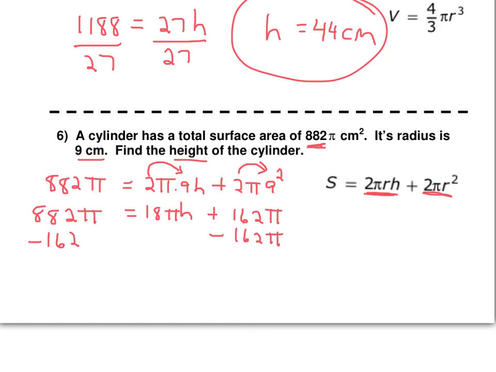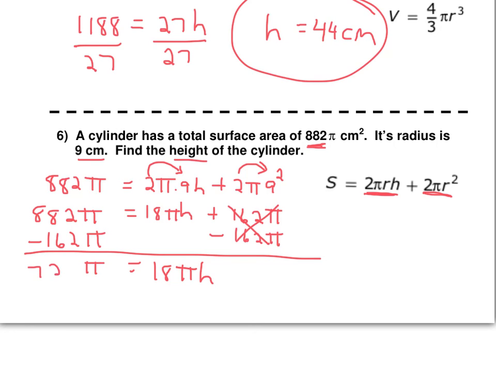Subtract 162 pi on the left. When I do that, this clears, and I'm left with 18 pi h. And then if I subtract here, I get 720 pi. So 720 pi equals 18 pi h. Now all I have to do is isolate the h, so I'm going to divide everything by 18 pi.